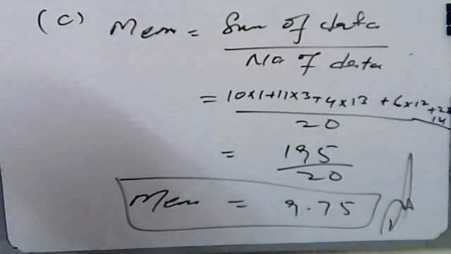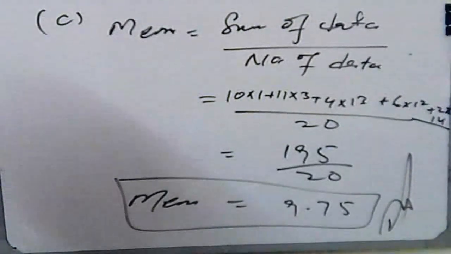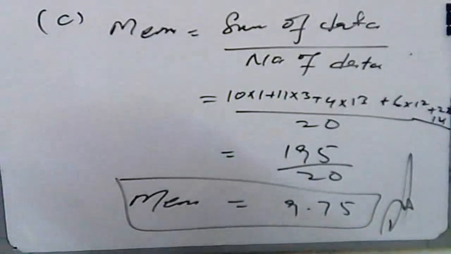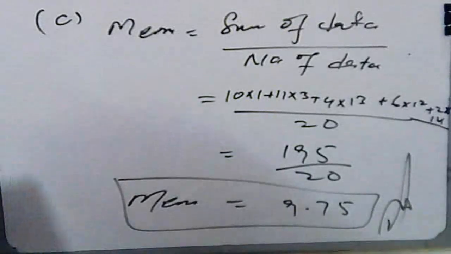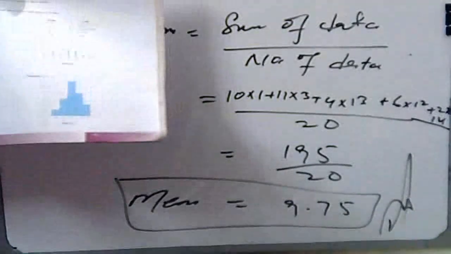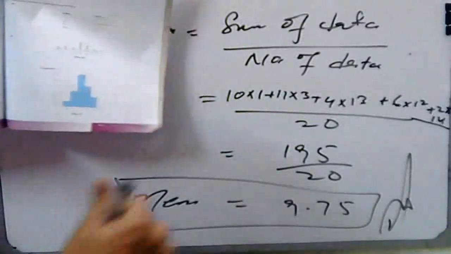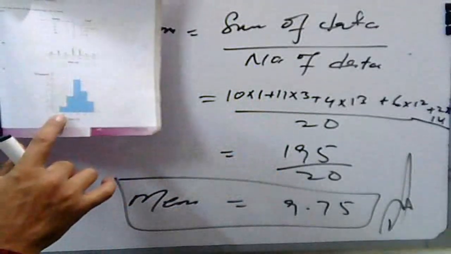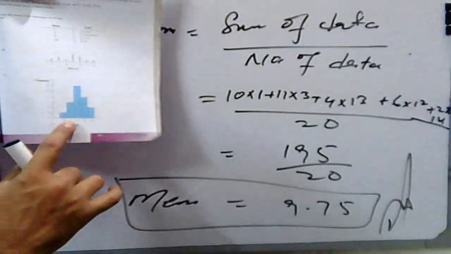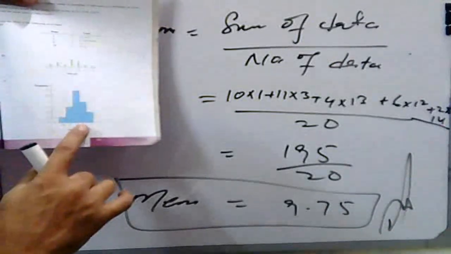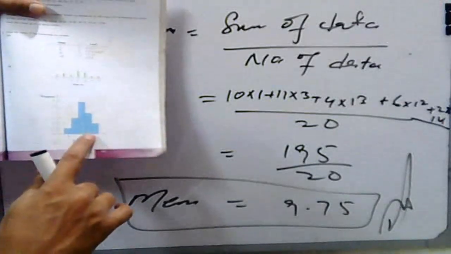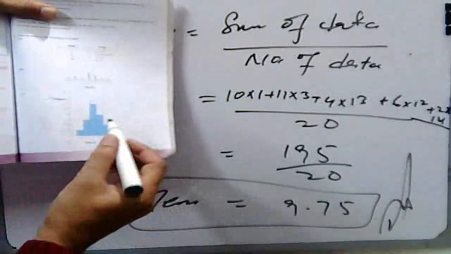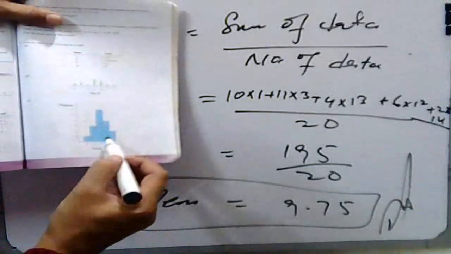Similarly, now coming to the question number 6, in this question you can see that, I think if you feel some confusion in it, I would like to repeat once again here. 10 multiplied by 1, here in your graph it is 10, 10 multiplied by 1, 11 multiplied by 3, so 4 multiplied by 13, you can see here the highest one, so this line is multiplying with the 4, so 13 multiplied by 4.